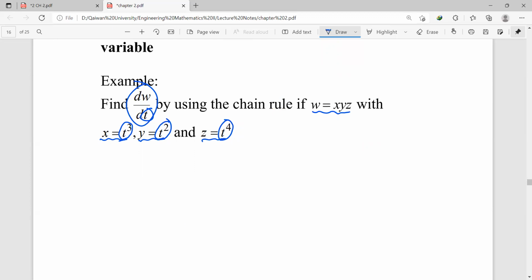When you find the derivative of x with respect to t, we say dx by dt. We don't say partial x by partial t. But here, when you find the derivative of w with respect to x, we say partial w by partial x. Partial w by partial y. Partial w by partial z.